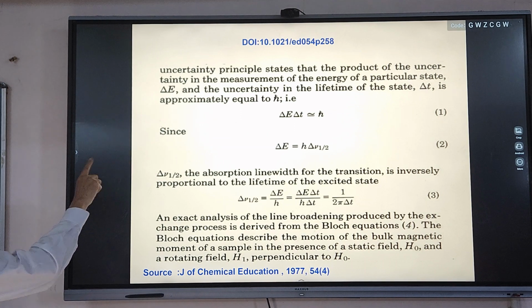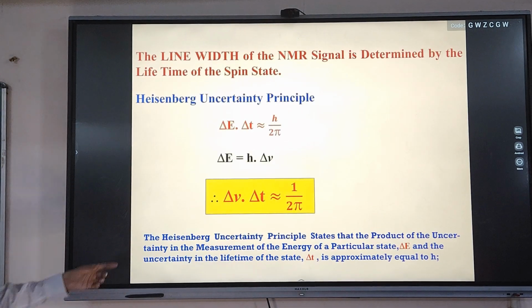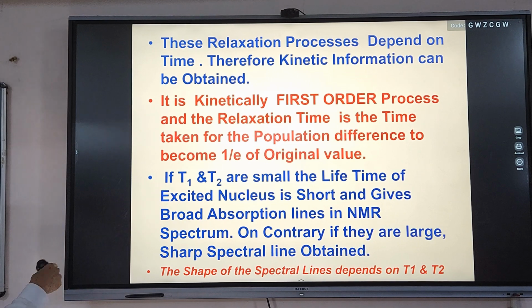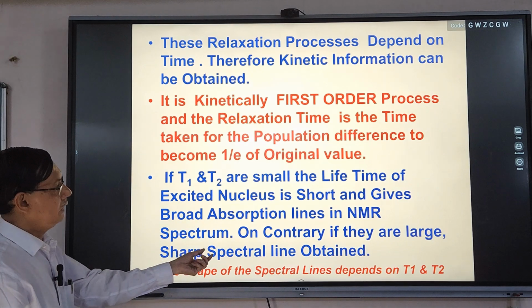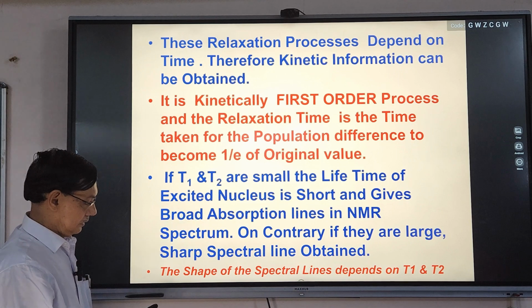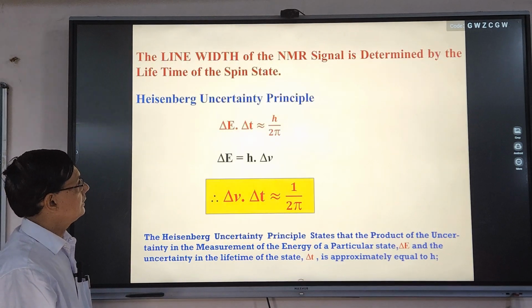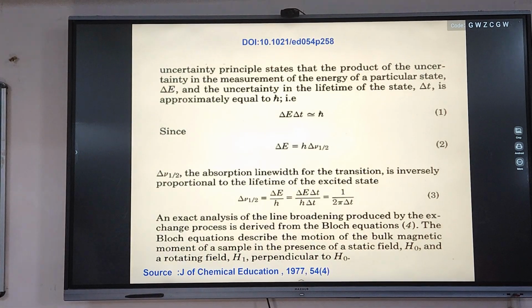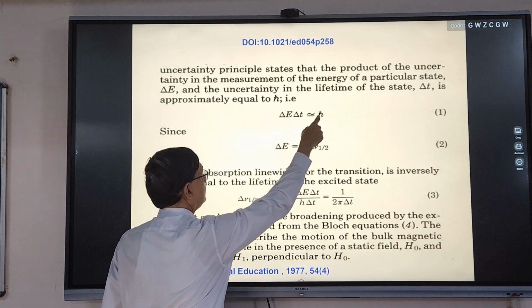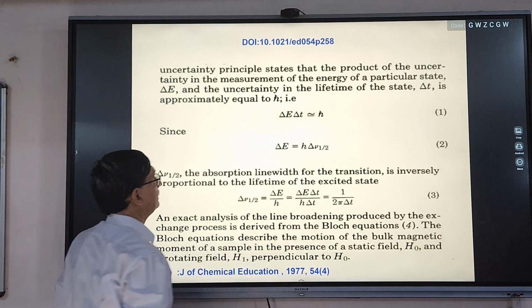Because I have already told you that if the T1 and T2 values are small, the line will be broad. It can be explained like that, and the same thing, delta E delta t is h upon 2 pi.